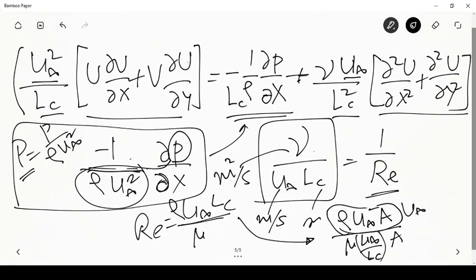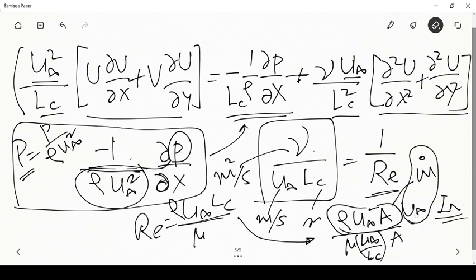So what do you have? This is an m dot and this is a u infinity. So m dot u infinity is nothing but the momentum flow rate, which is basically the momentum that is present in the free stream. So this is an inertial term, corresponding to the inertia of the free stream.